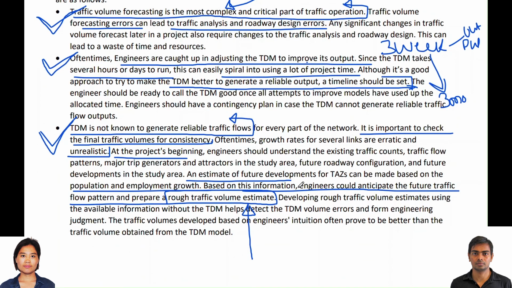And the third one is having that intuition from the beginning of the project of trying to figure out what the future numbers will be without running the TDM model. That helps build our engineering judgment, which is needed a lot in traffic volume forecasting, and it helps to correct a lot of mistakes associated with final numbers.